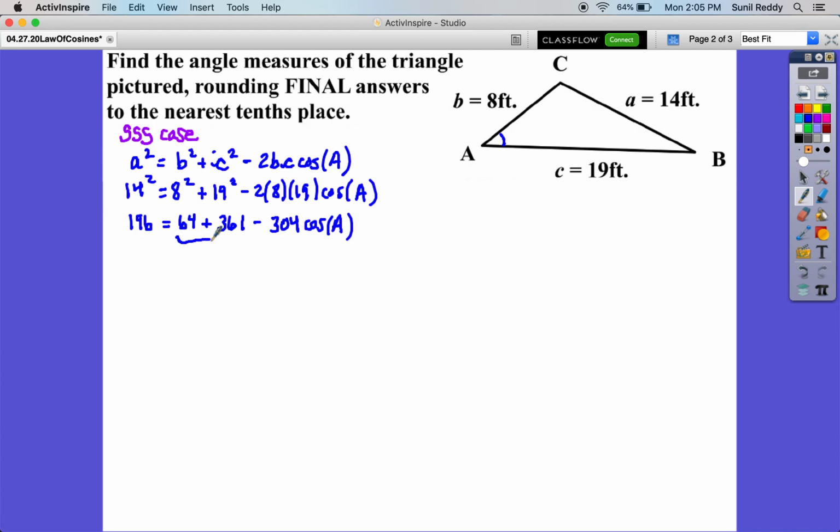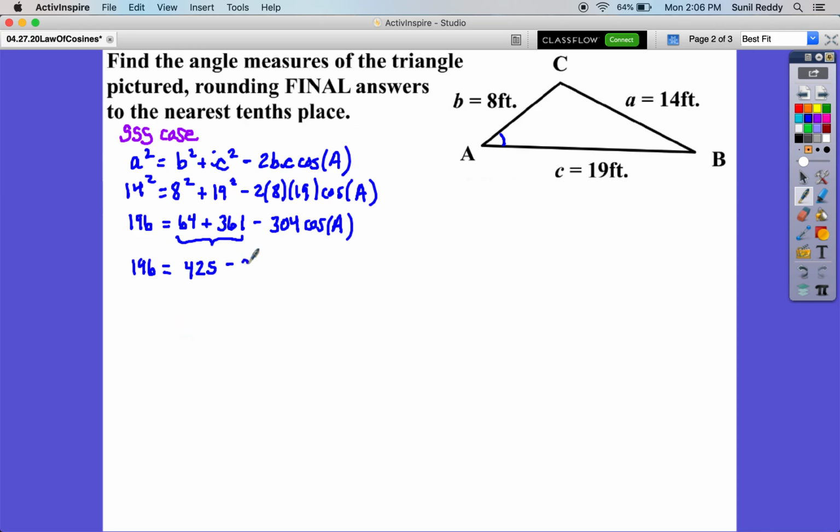So I'm going to add the 64 and the 361 together. So I have 196 equals 361 and 64 gives me an ending of 5. The 6 and the 6 is a 12. Carry the 1 plus the 3 is a 425.